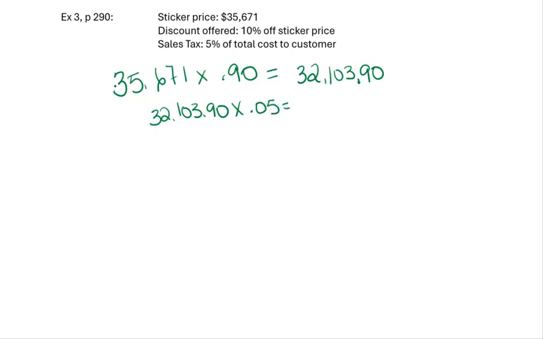And we're going to get a total of $1,605.20 for taxes. And then we're going to add these two numbers together to get a total of $33,709.10 as our drive-away cost for this particular vehicle.